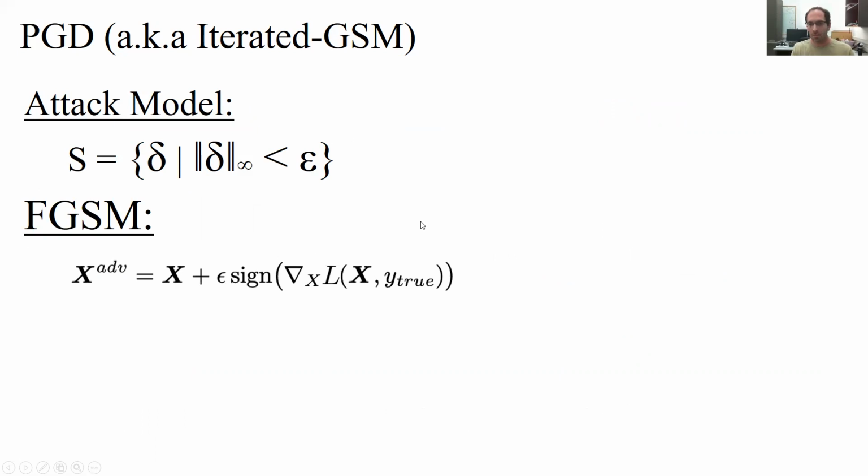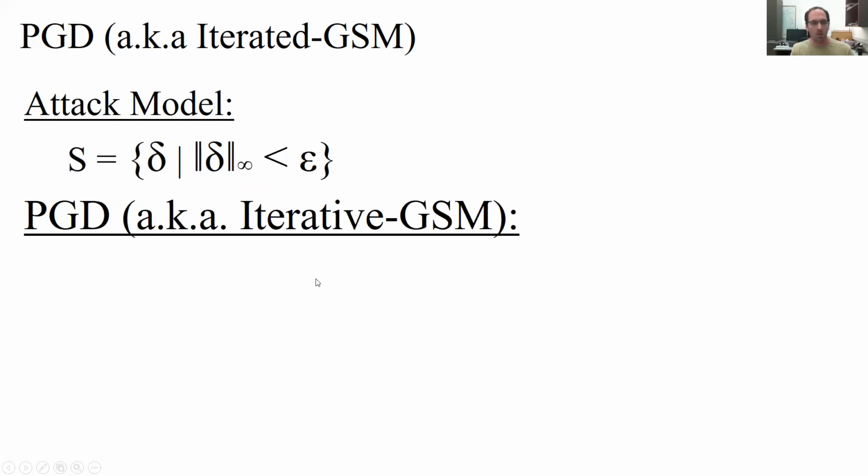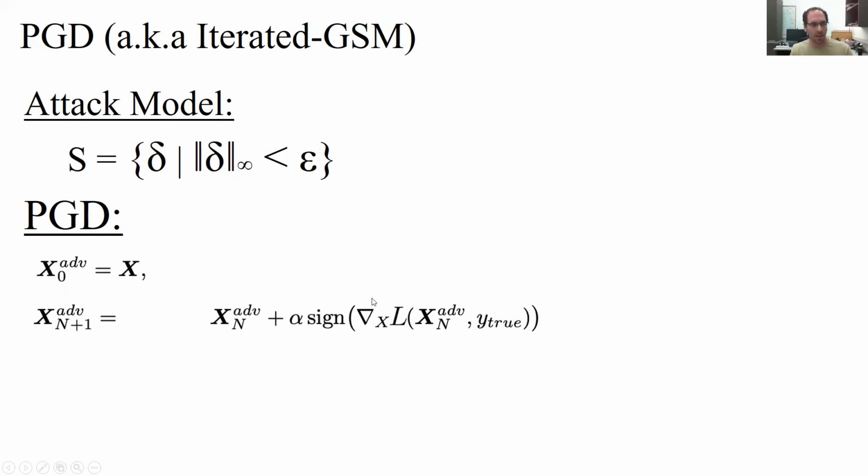The FGSM makes one step, right? We've seen this already. And the PGD would start from the image and make these steps. What you see here is again the same formula as for FGSM. The only difference is that I take an alpha instead of epsilon. You see the gradient, you take the sign and you multiply it by alpha, which is normally a bit smaller than epsilon, but this is a parameter you can tweak. And you add it to your current guess of the adversarial example.